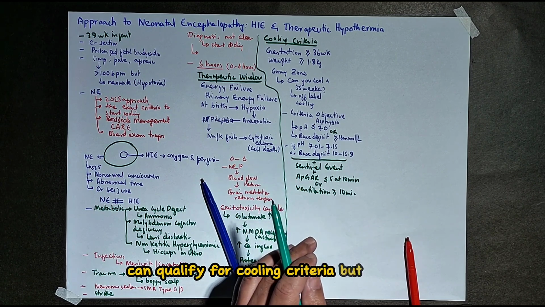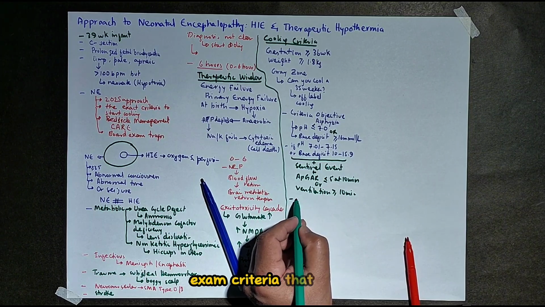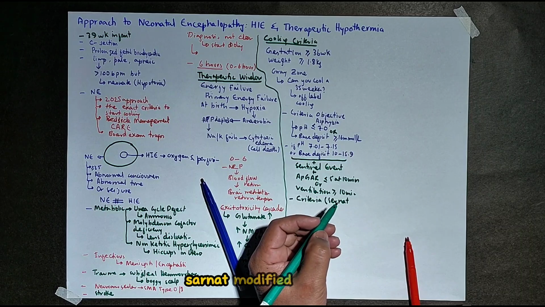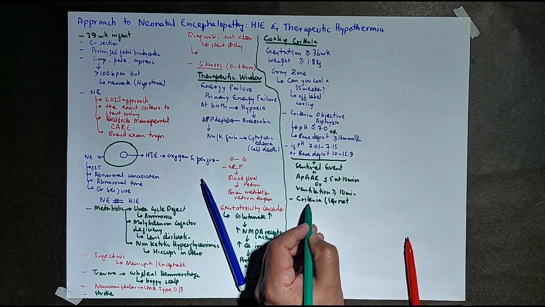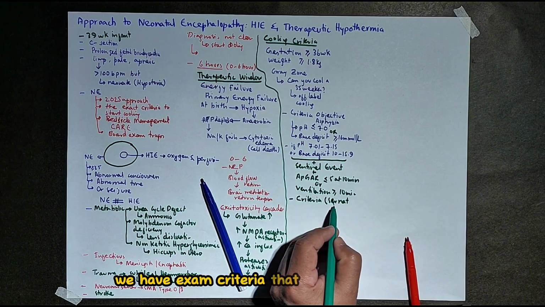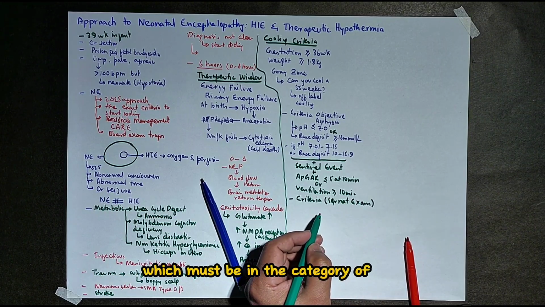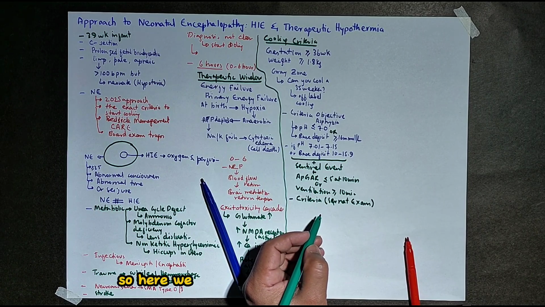But we should also have exam criteria, that is criteria based on the Sarnat modified exam, which must be in the category of moderate or severe. So here we use the modified Sarnat exam.